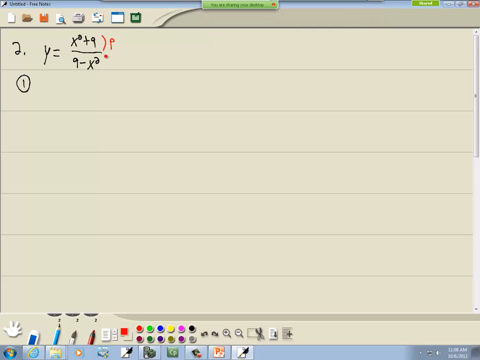Well, this has the quotient rule. This will be p and this will be q. P prime will be 2x. Q prime will be negative 2x. Our formula is p prime q minus p q prime over q squared.